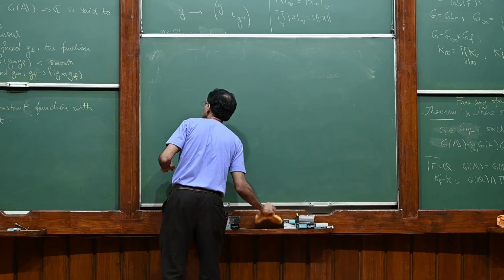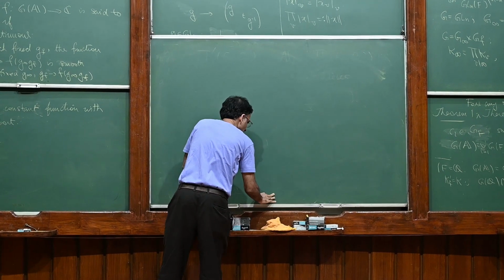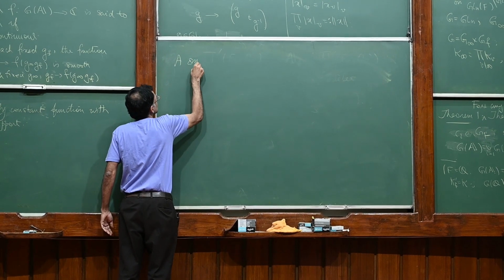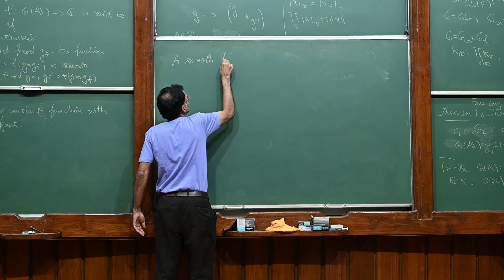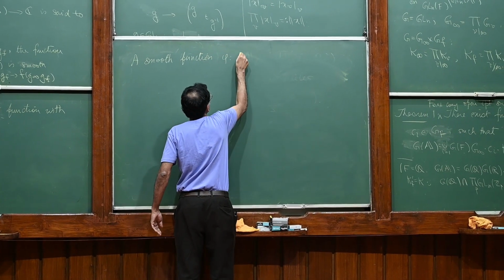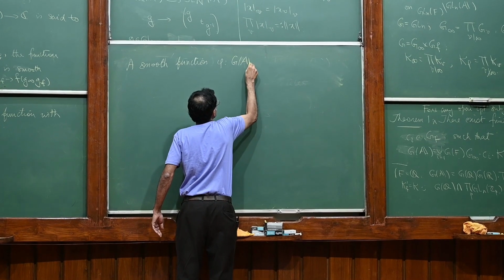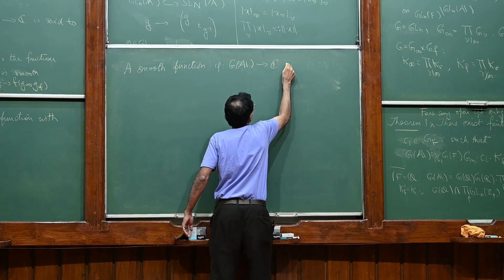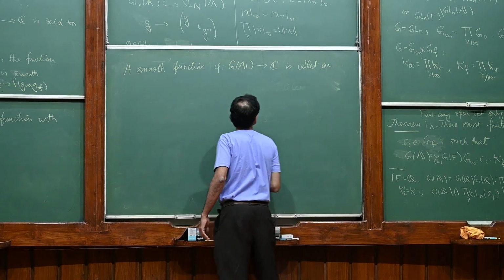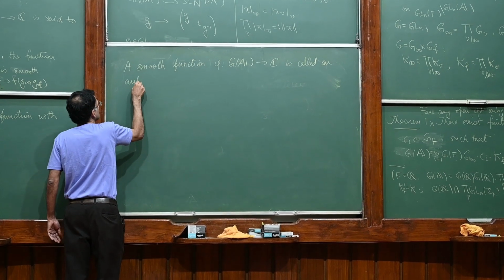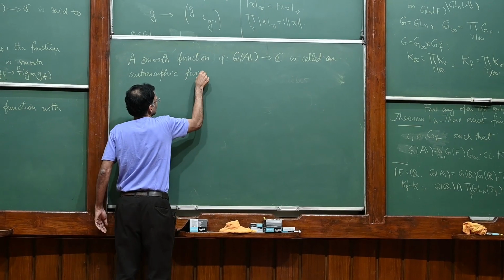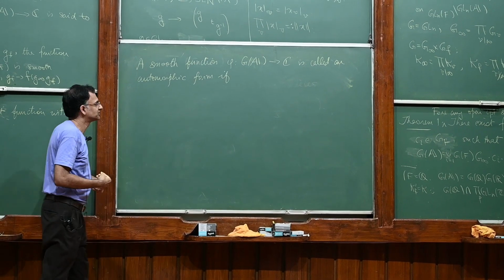So a smooth function phi from GA to C is called an automorphic form if the following conditions are satisfied.